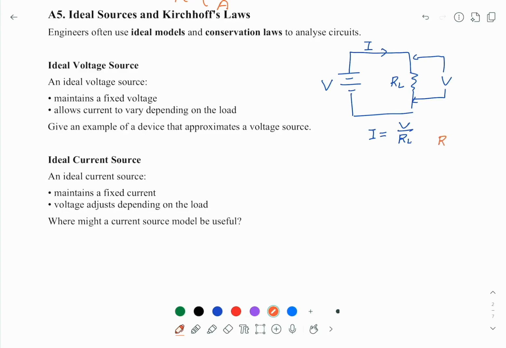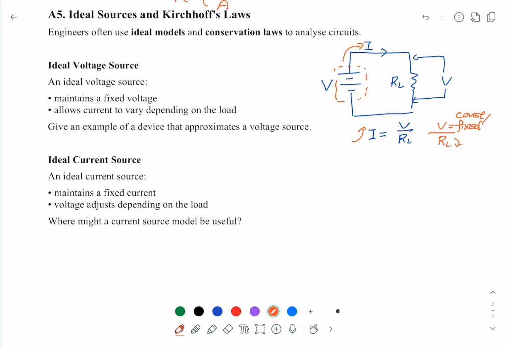If the load resistance reduces and if V is constant or fixed, it will force the current to increase.